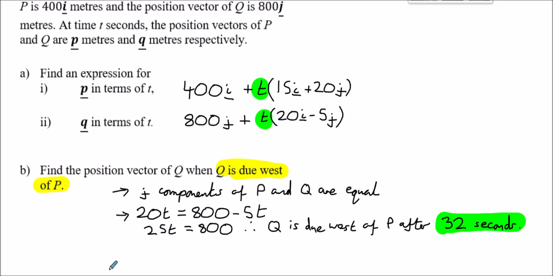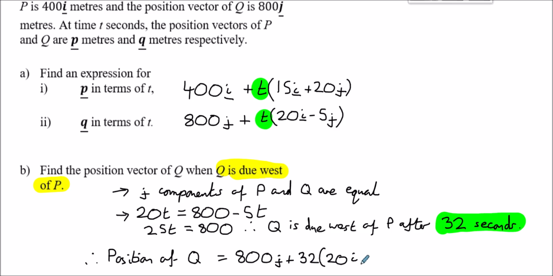So the position of Q is going to be 800J plus 32 lots of 20I minus 5J.